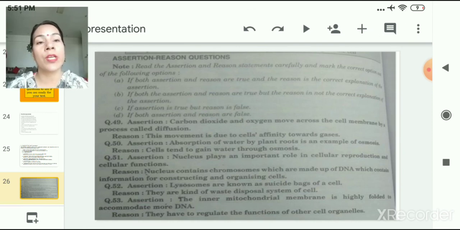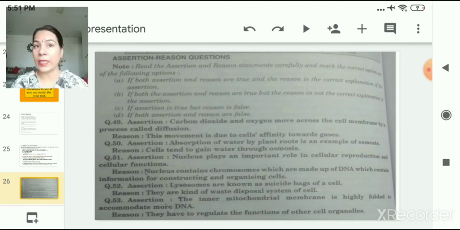Next question's assertion is lysosomes are known as suicidal bags of a cell. Reason for this is they are a kind of waste disposal system of the cell. For the last question which is shown here, the assertion is the inner mitochondrial membrane is highly folded to accommodate more DNA, and the reason is they have to regulate the function of other cell organelles.